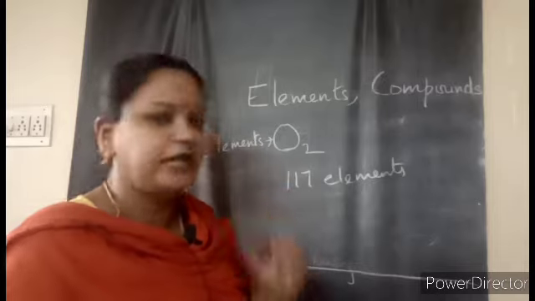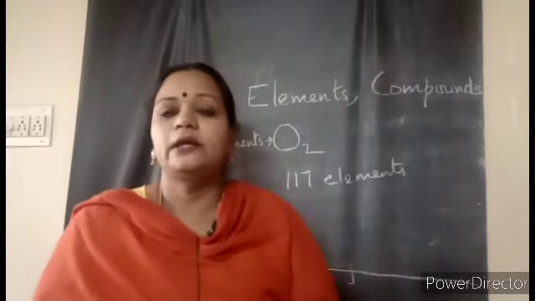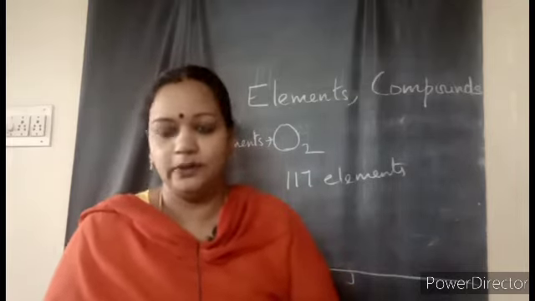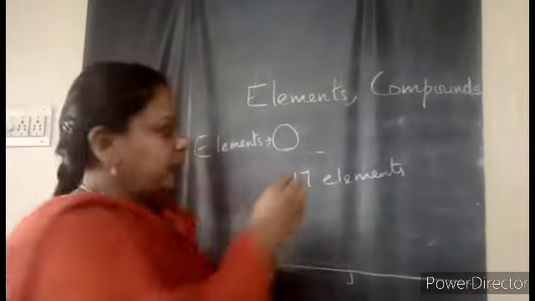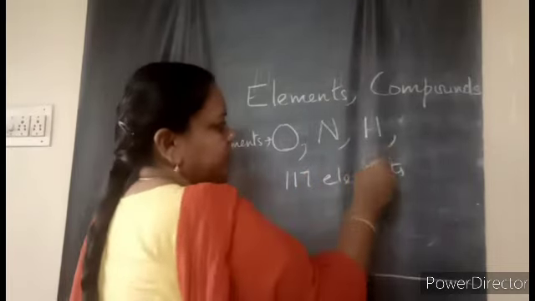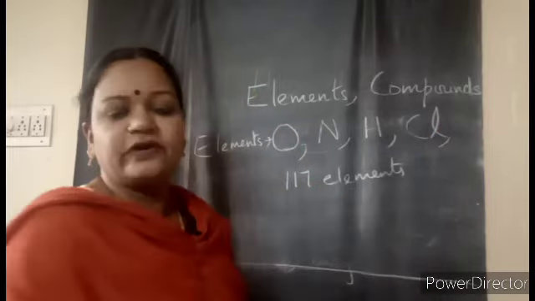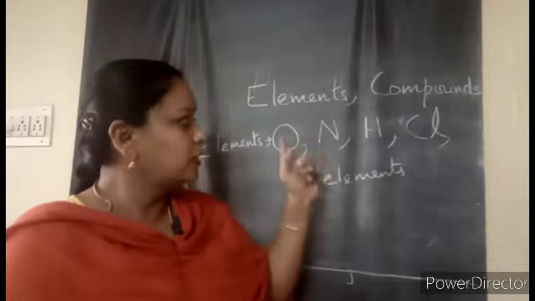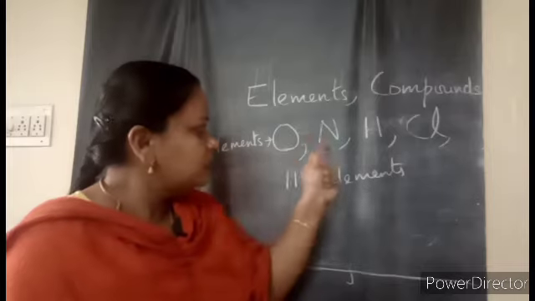There are 117 elements, and as per their number of protons, they have been kept in an order called the periodic table, and each element has one symbol, like O for oxygen, N for nitrogen, H for hydrogen, Cl for chlorine, like that. These are called symbols, like how you learn symbols in physics also.